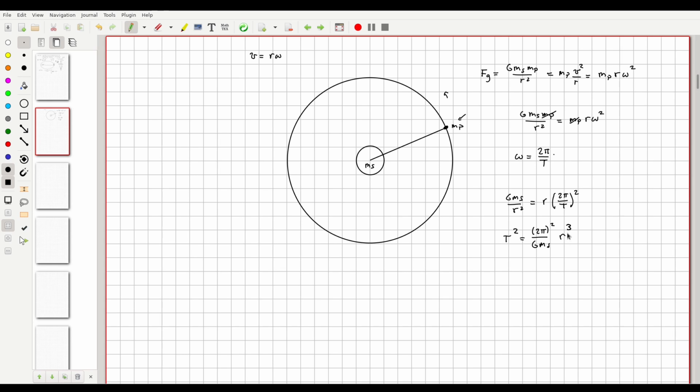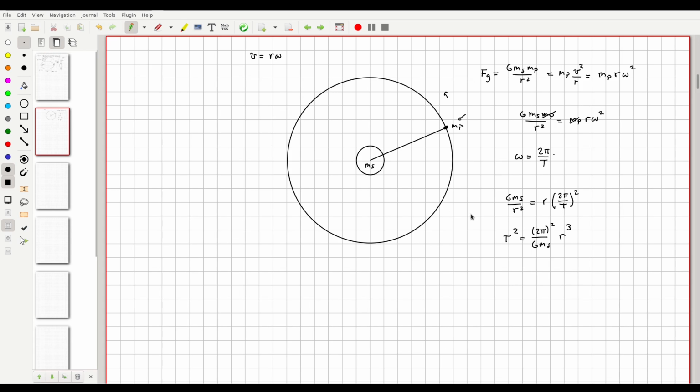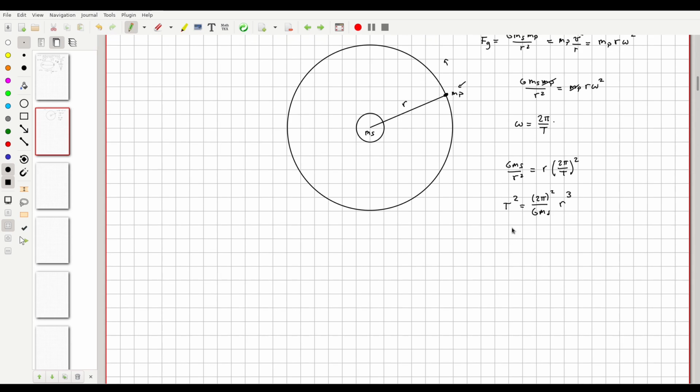Now, Kepler's third law says that the period of a planet's orbit squared is proportional to the length of that orbit's semi-major axis cubed. And in a circle, the semi-major axis is the radius. So what I see here is that the period squared is proportional to the length of the semi-major axis cubed.